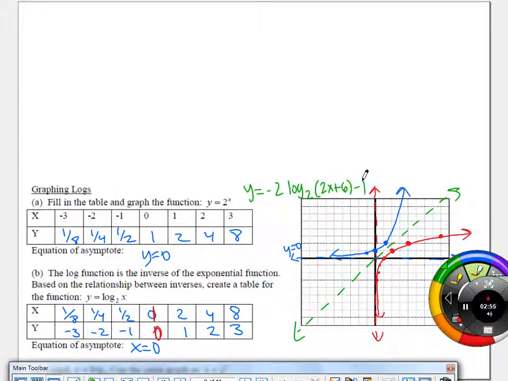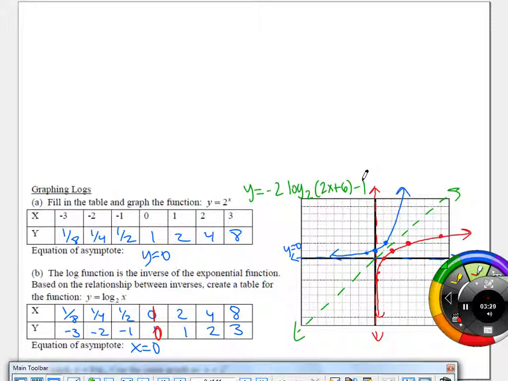Your job is going to be to take the parent function, know what it looks like, and then do all the stretches, compressions, reflections, and shifting to get the new graph. So tonight in the video notes, we'll do a couple of those. Your video notes are like 8 minutes, something long. It's like 2 examples of graphing the parent function and then getting through the transformations.